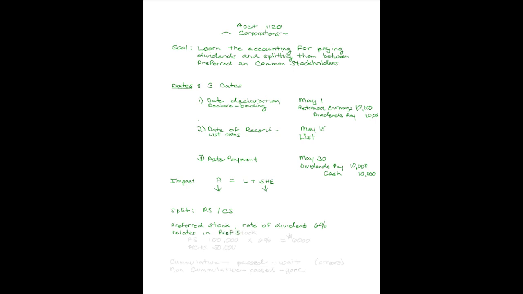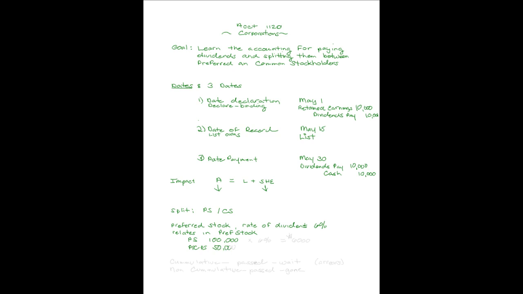It does not relate to the contributed capital paid in excess of par for preferred stock. It just relates to the preferred stock. So let's have an example where we have preferred stock. The par value of preferred stock on our balance sheet is $100,000, and we have some paid-in capital from this preferred stock. Let's say our paid-in capital is $50.